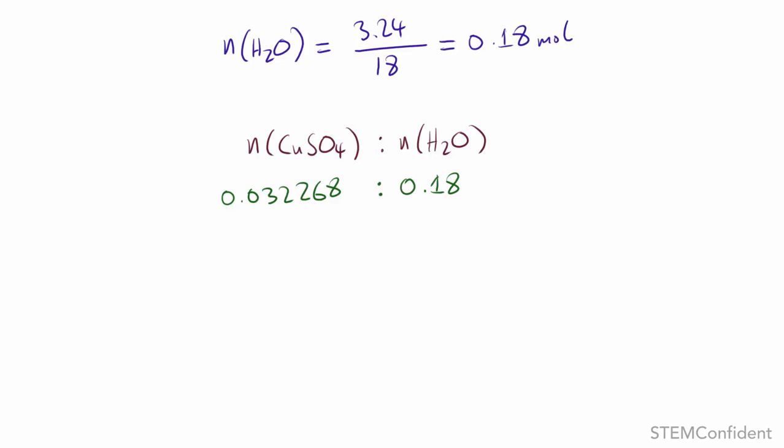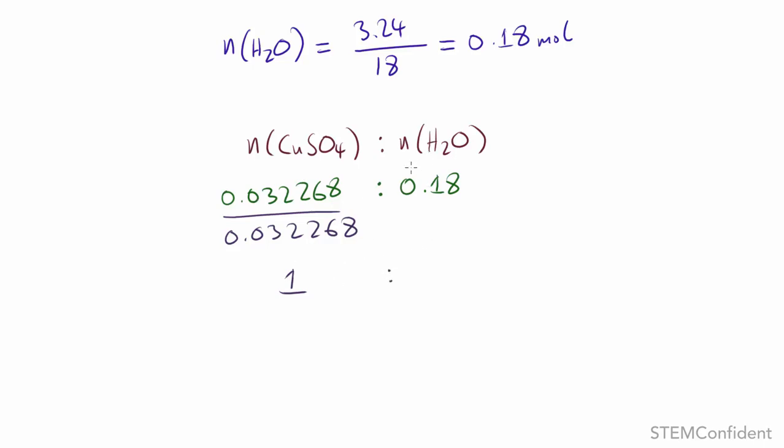Well, if we divide it by itself, we're going to get 1. So not divide by 1, but if we divide it by 0.032268, then of course the answer is going to be 1, because we've divided a number by itself.